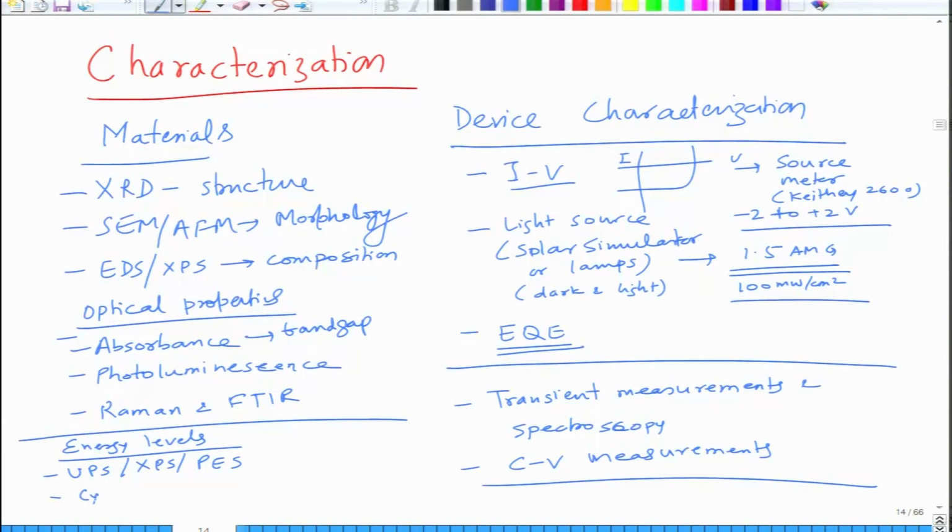And then we also need to do cyclic voltammetry of certain materials to measure the HOMO-LUMO, for example, in case of organic materials. So, these are the characterization methods which generally one needs to use. There are detailed discussions available in various books on characterization, but this is a general guide to what kind of characterization one needs to do for solar cells.